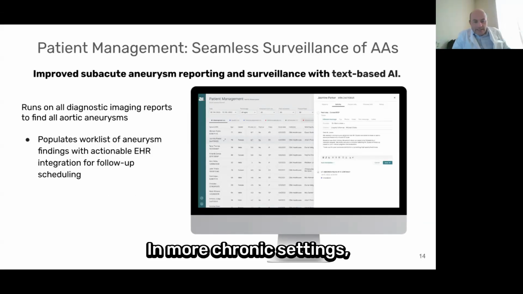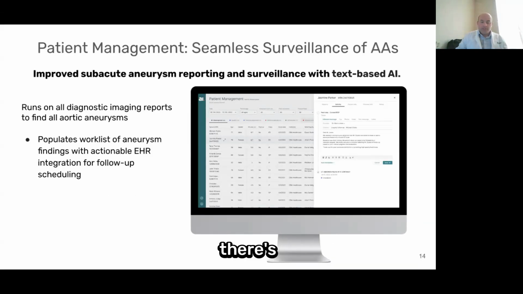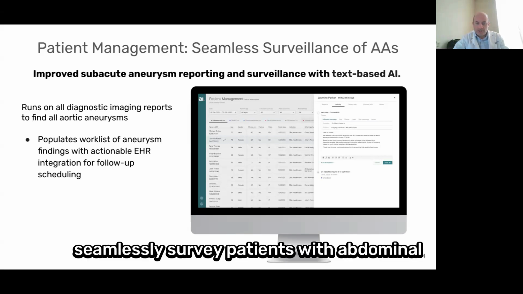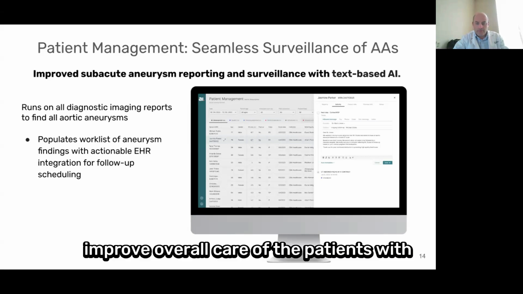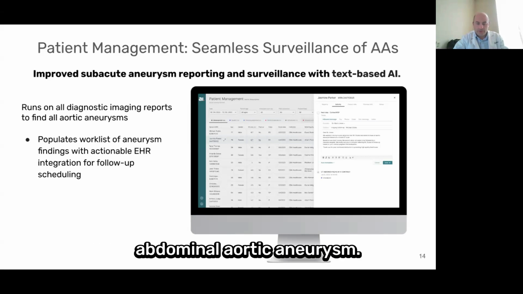In more chronic settings, there's a patient management system that can seamlessly survey patients with abdominal aortic aneurysms and also improve overall care of the patients with abdominal aortic aneurysm.